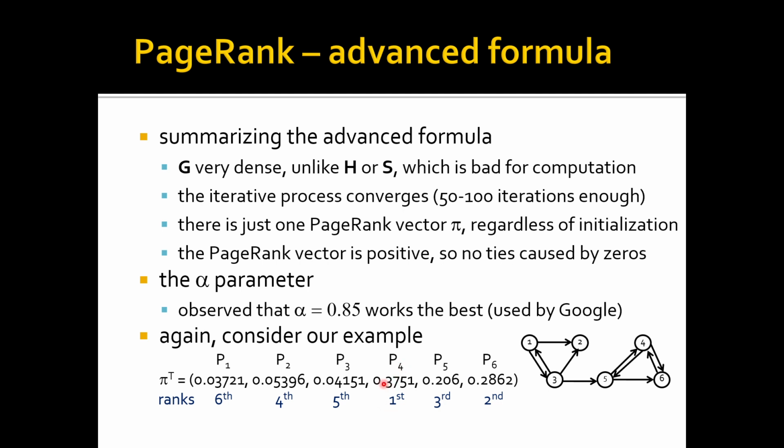The next is 6 with 0.28, then 5, then 2, then 3, and then 1. We can see that there are positive numbers everywhere and there are no ties, so it's nicely ordered from the greatest to the lowest score. So we have a good distribution of the scores.